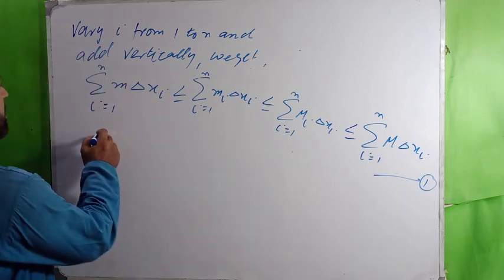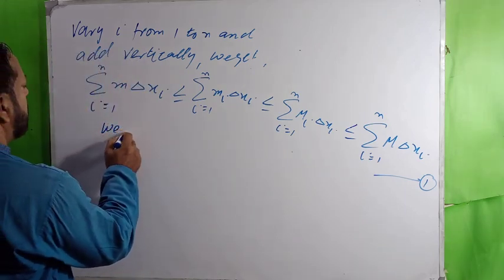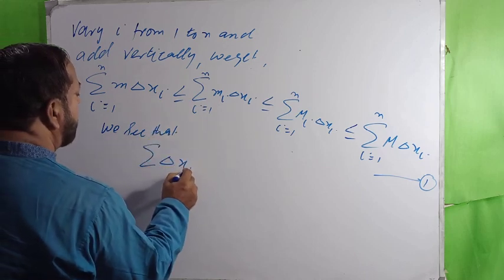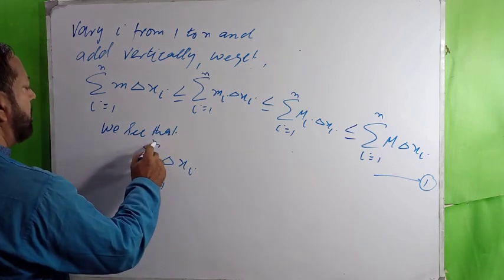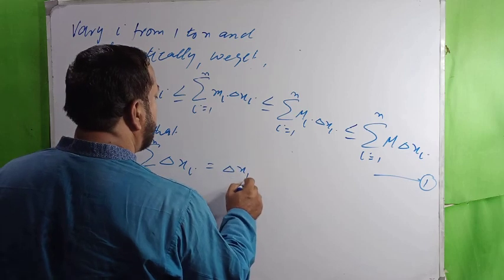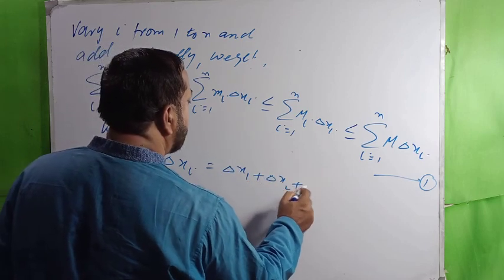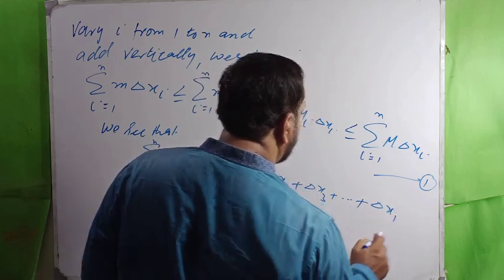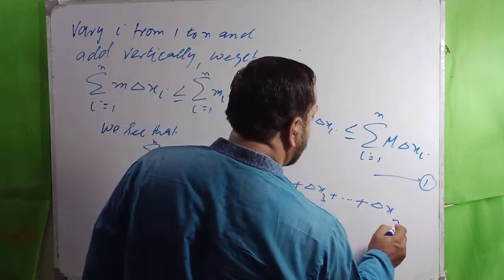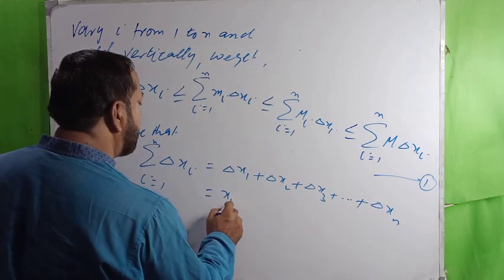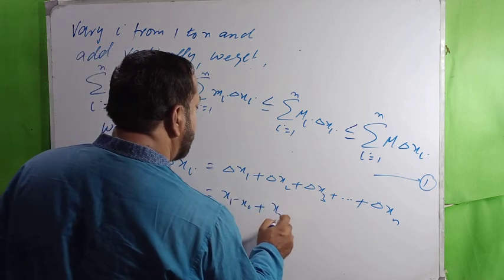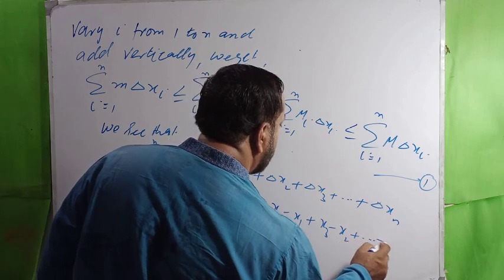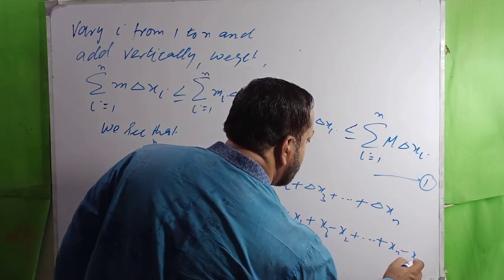Now we see that the summation of Δxi, what is this? i from 1 to n. This is in fact Δx1 plus Δx2 plus Δx3 plus so on, up to Δxn. Putting the values, we are getting x1 minus x0 plus x2 minus x1 plus x3 minus x2 plus so on, plus xn minus xn minus 1.